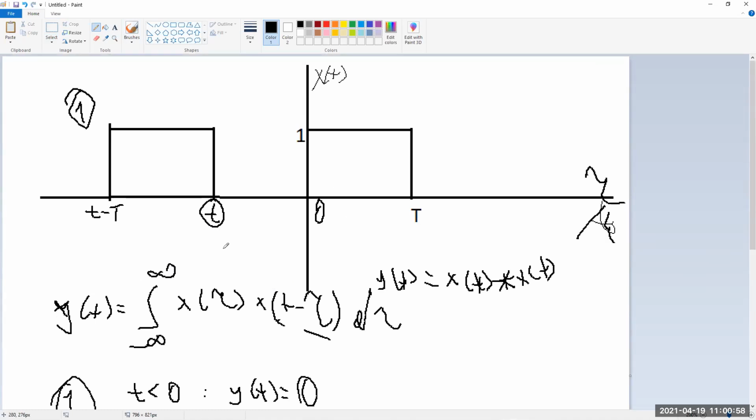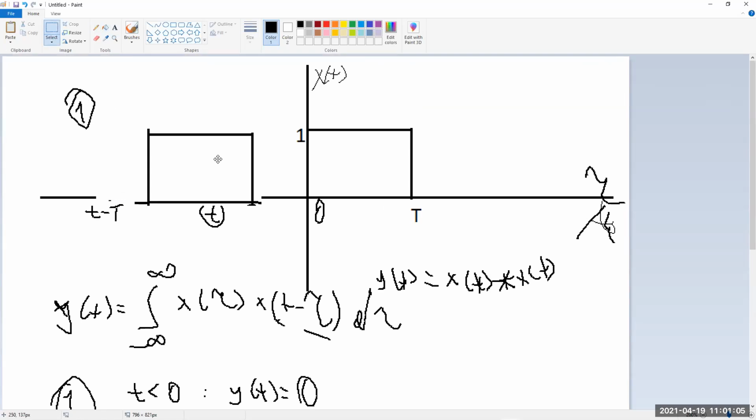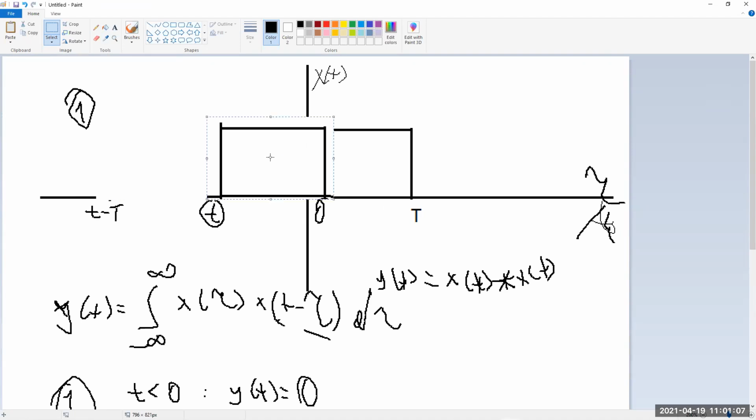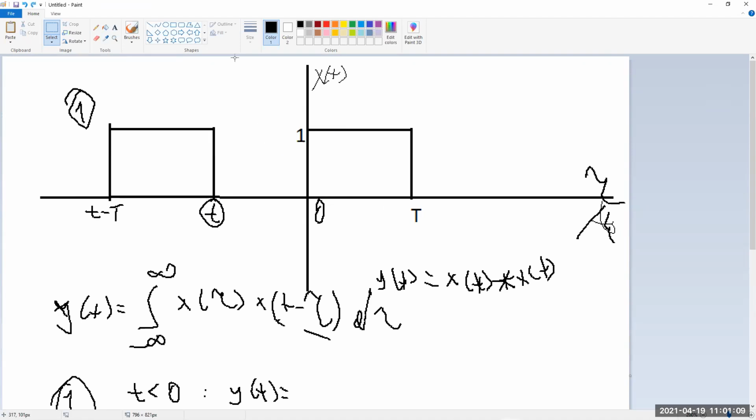Now, as you can see, we have started to have an overlapping part. Let me draw that part with another color. Yes, I think it's better.